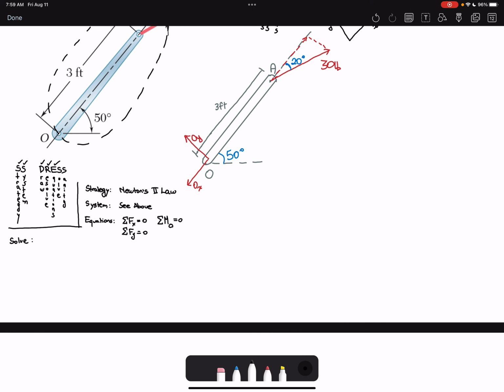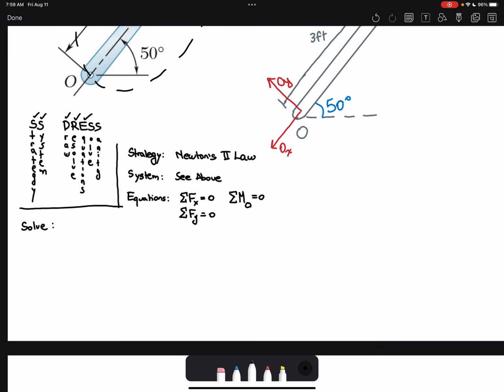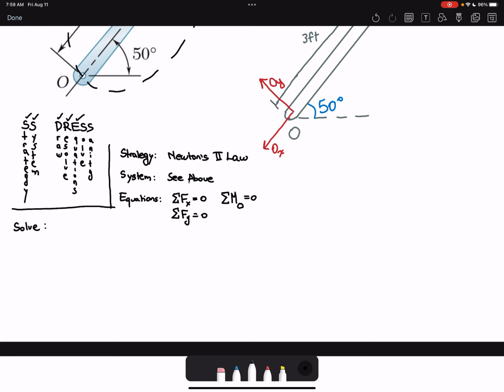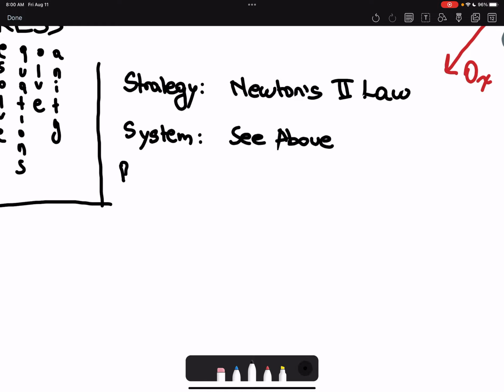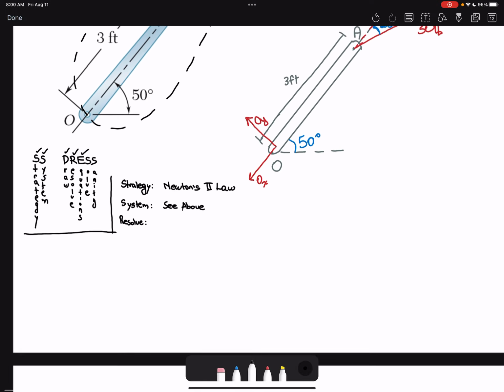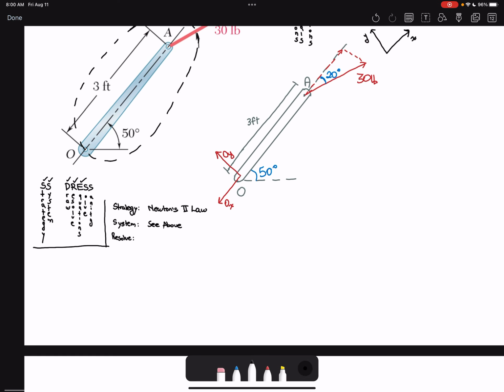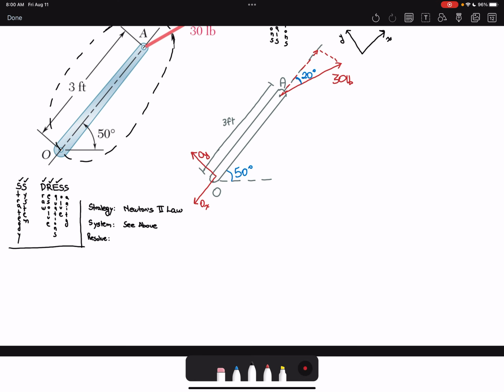So let's see, all of the forces, oh, and I didn't resolve. That sucks. So resolve, I'm going to have to rewrite this. So I'll put resolve here, and it's going to be the force at A. So we'll call this FA.